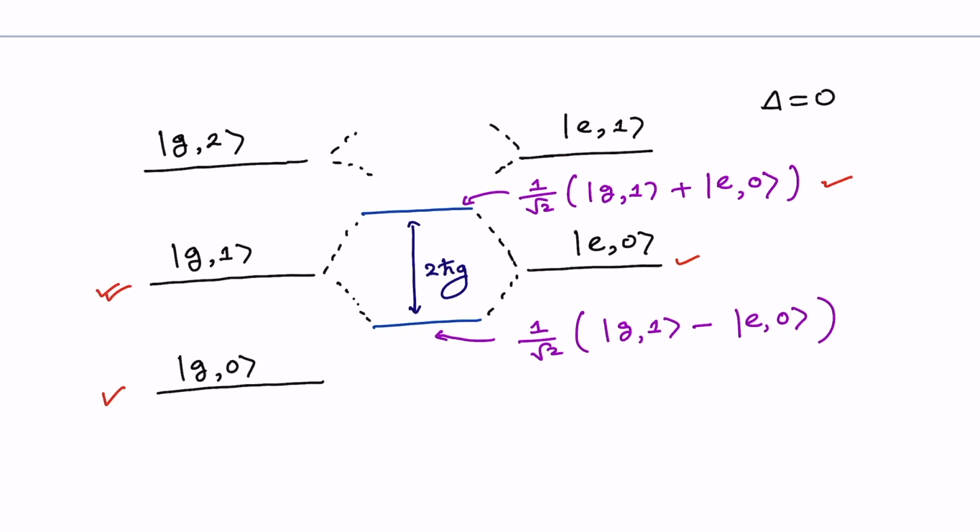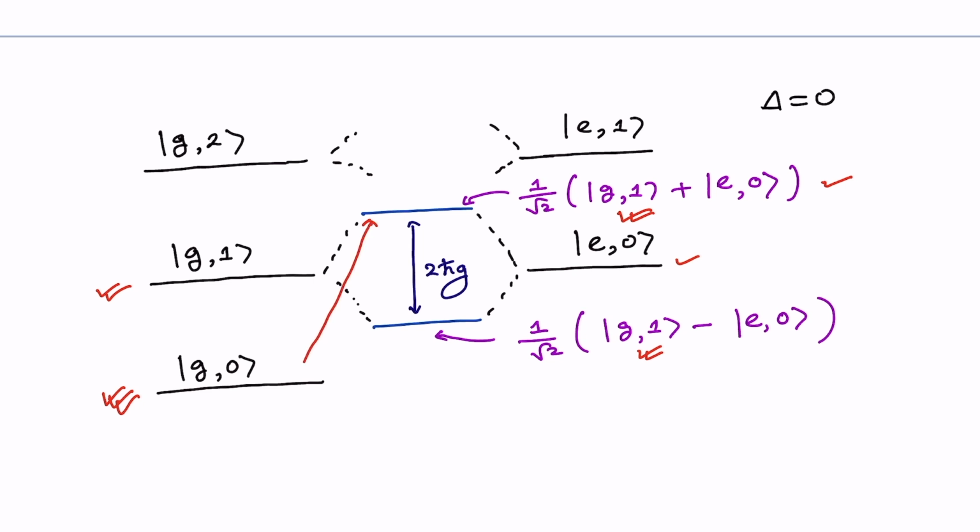Now when the microwave photon enters the cavity, initially say the Cooper pair box is in the ground state and there is no photon, so initially we are in the ground state energy level. When a photon enters the cavity, we may be in either this particular state or this one, because these states show a possibility of having one photon in the cavity. So there are two transitions possible.